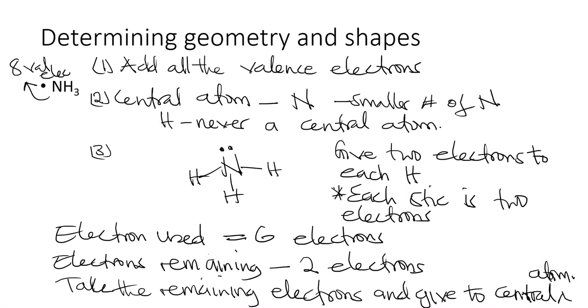And then we count how many electrons have been used. So we used 6 electrons to form chemical bonds. And how many electrons remained from 8? 2 electrons. And then you give those remaining electrons to the central atom.